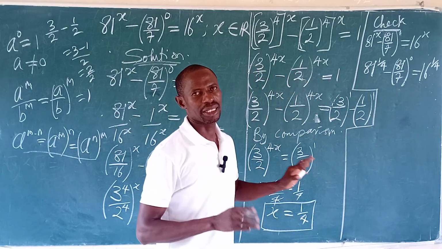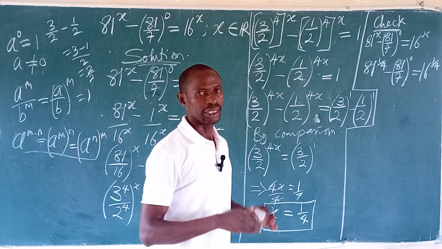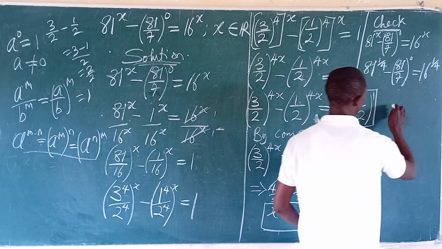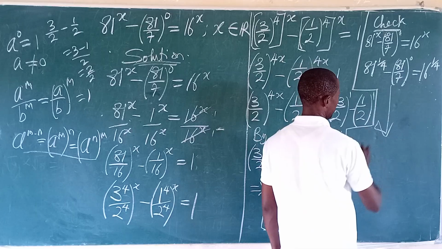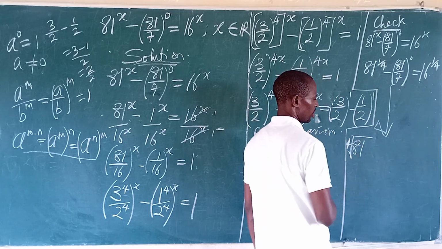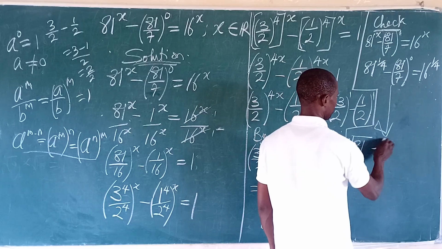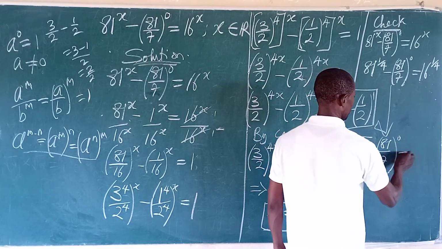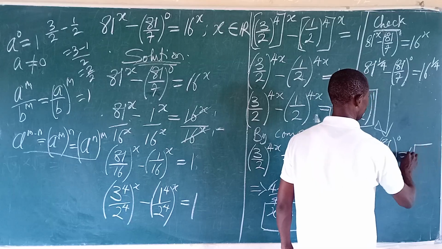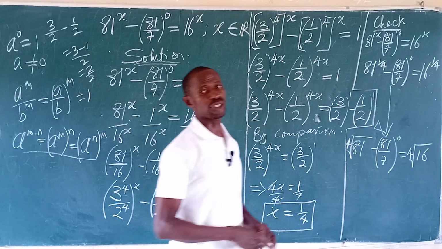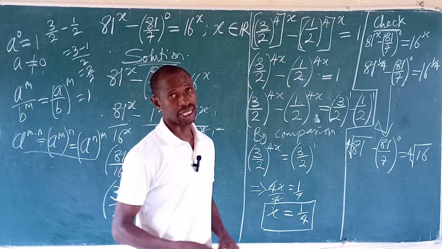So we can rewrite the power 1 all over 4 in the form of a radical. So we're going to have the 4th root of 81, minus 81 all over 7 all raised to the power of 0, equal to the 4th root of 16. So what is the 4th root of 81? That is 3.